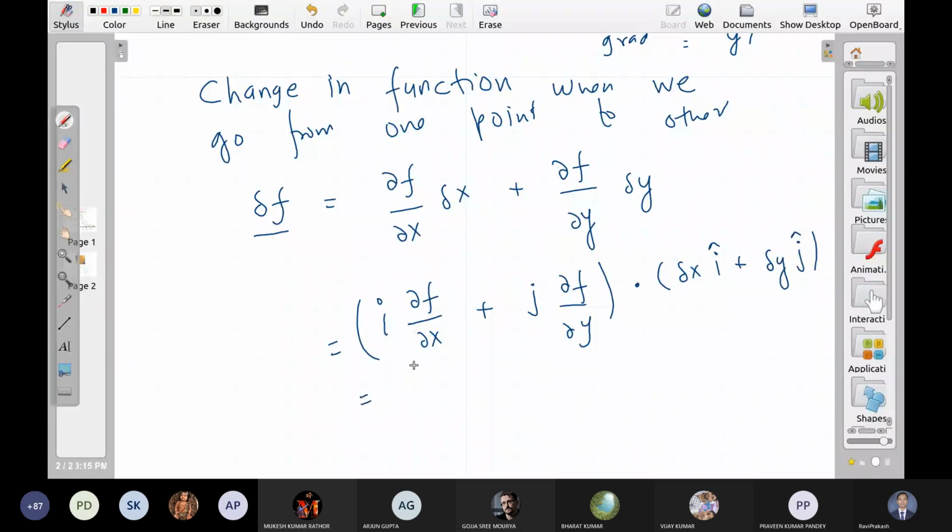Okay, or this is actually equal to the gradient of this function dot product with the displacement that you do. So this is the change in the function.